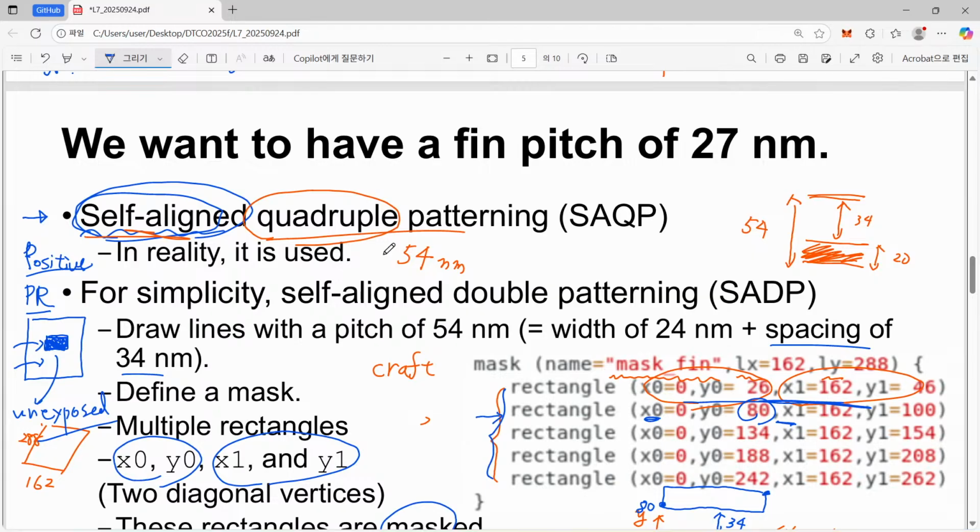So that's the reason why we have a separate team for this lithography to make a very uniform pattern of our fins. Please note that the uniformity of our fin lines is one of the most important things in fin fabrication.